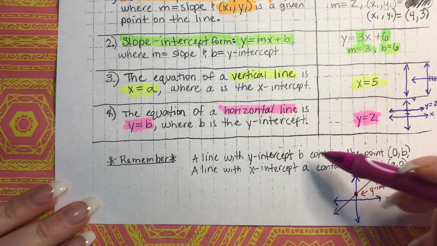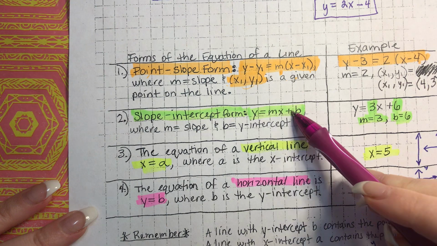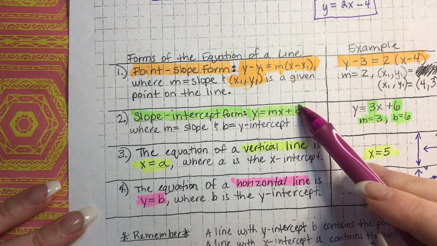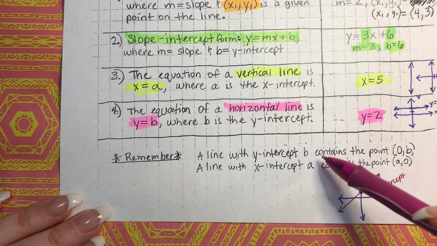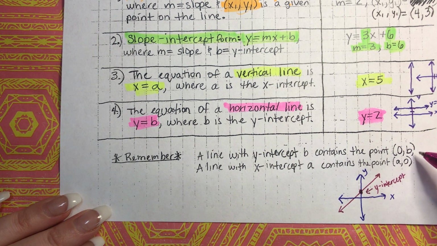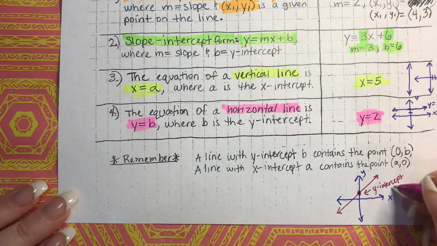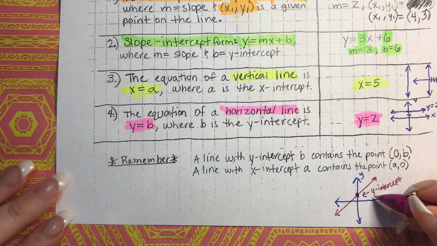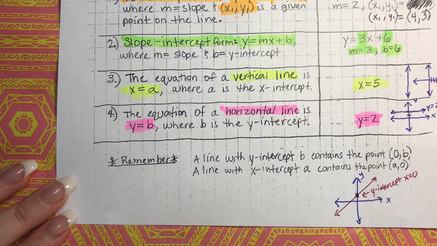So a line with the y-intercept b, right? Because remember when we were talking about slope-intercept form, it has that y-intercept in it, and they use the letter b. So here it's saying a line with y-intercept b contains the point 0, b. And let's think about that. Why are they saying that? Well, if you've been in my class before, what do you always know about a y-intercept? Well, you always know that x equals 0. Well, why is that?